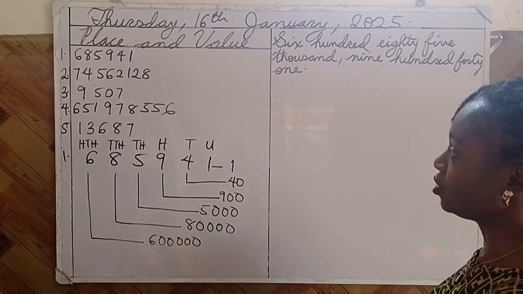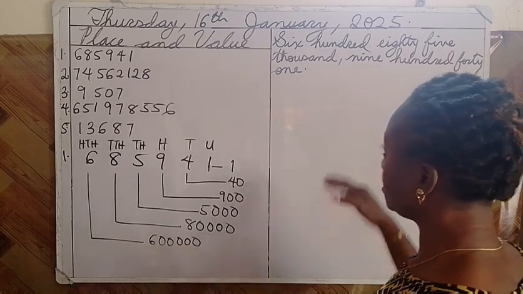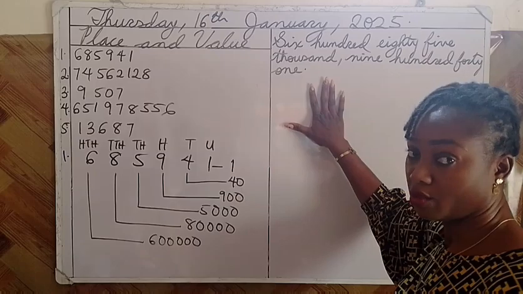Now we've been able to find the place of these figures, the value, we've expanded it, and I've also written the numbers in words.